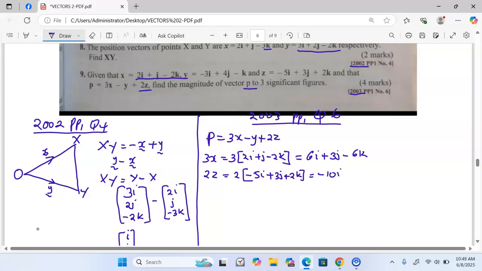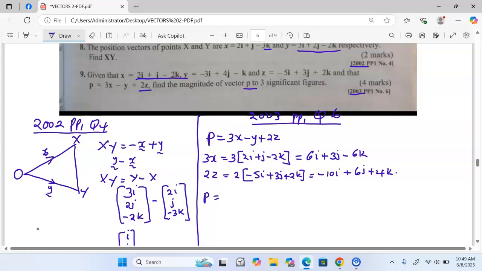Then 2 times 3j, you get positive 6j, then 2 times positive 2k, you get 4k.